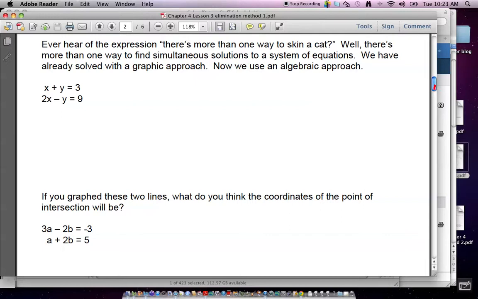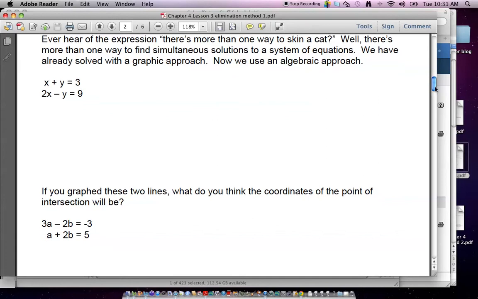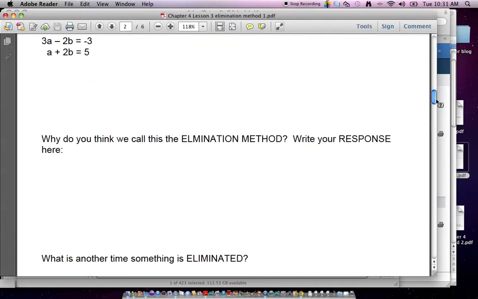So let's take a look at the next question. Does it look like everything is lined up? Take a look, guys. Does it look like we have everything lined up? Yes. So what technique do you think we should use?